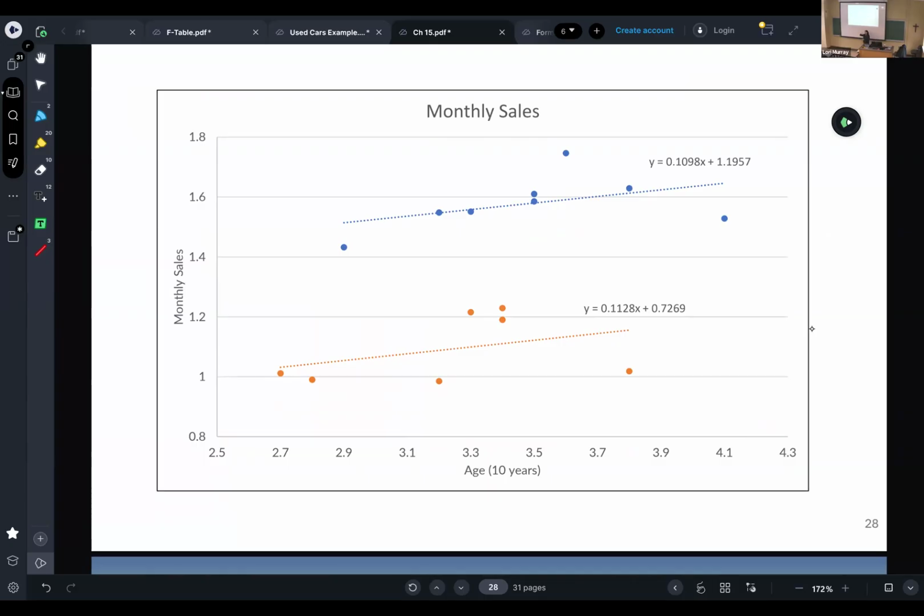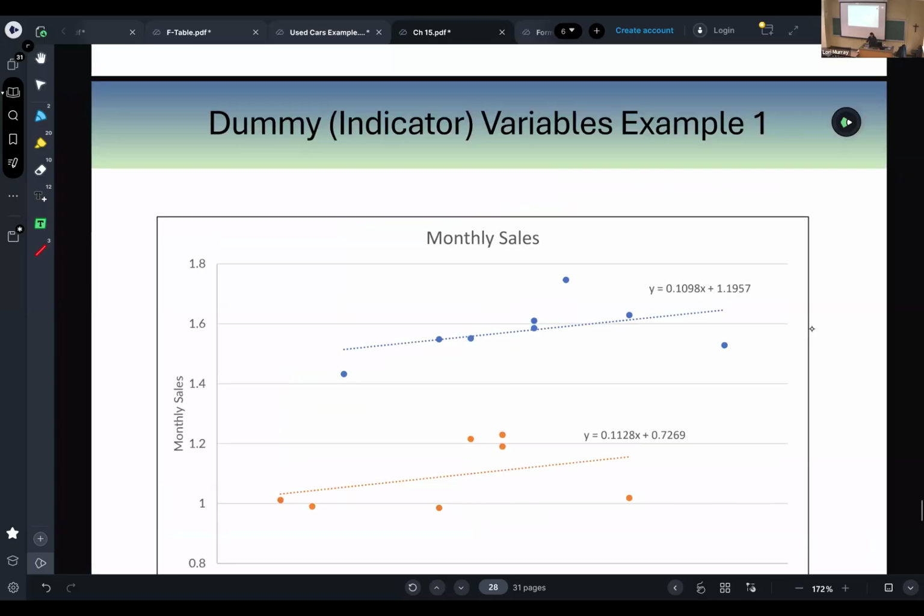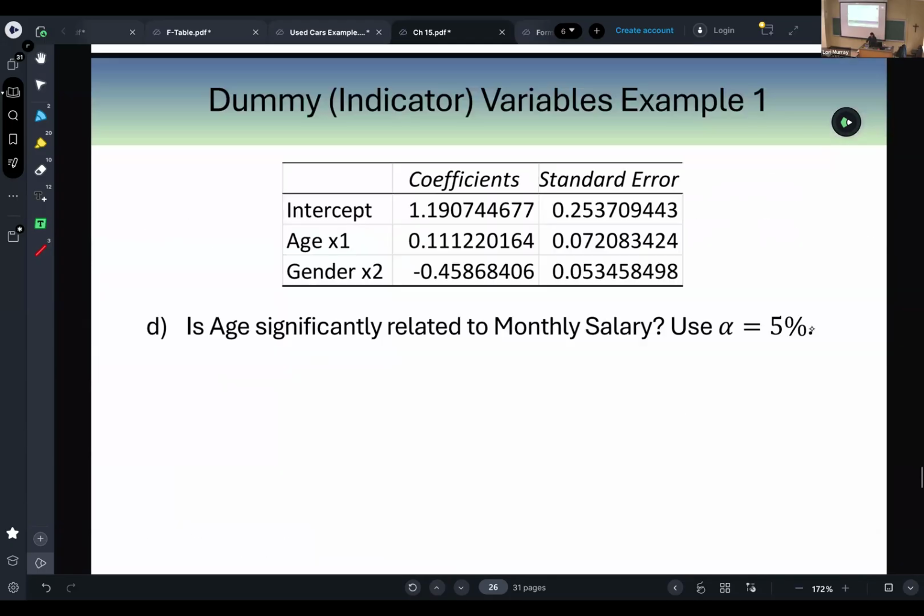And you can see they're parallel, and they should be. But now we're going to test for significance to see if we have gender discrimination or not. If they're close, then there's not much difference. But if that distance between them is significant in a scientific manner, then we have discrimination. So let's see how it's done.